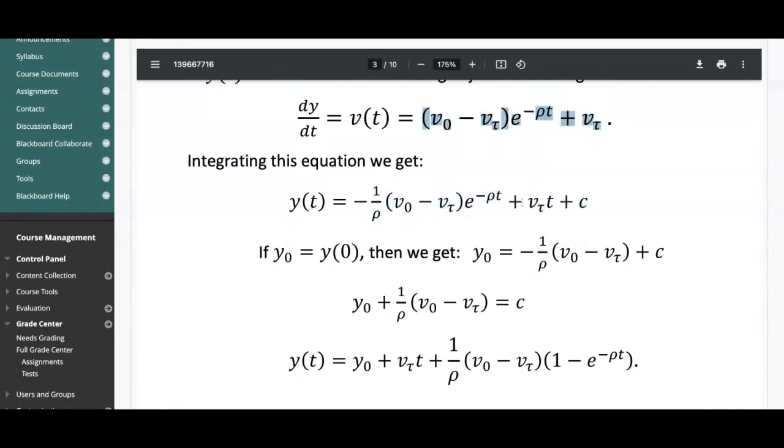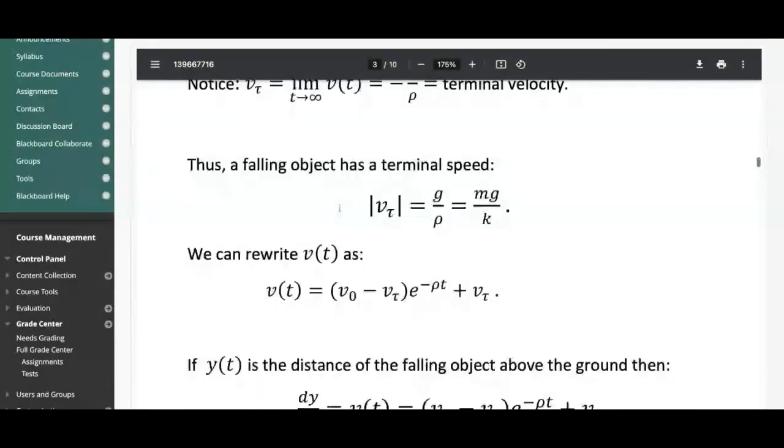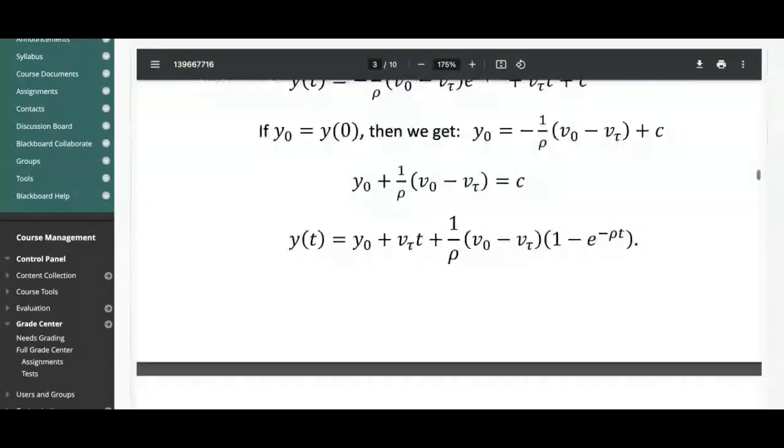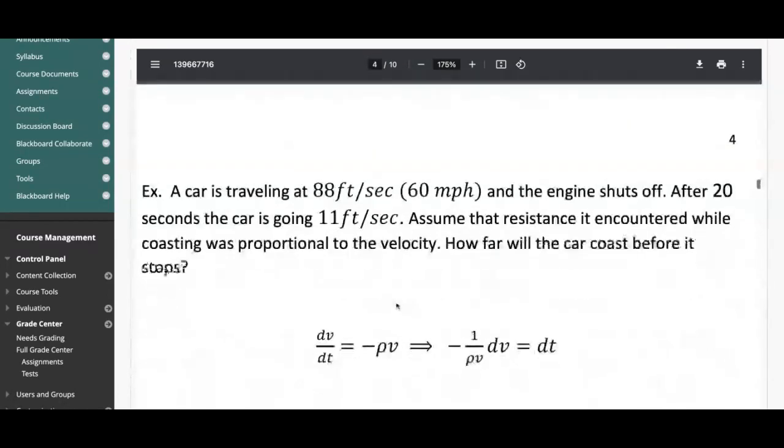We are just talking about two scenarios using different variables. One is talking about displacement, one is talking about a falling object, but the representations are very similar.